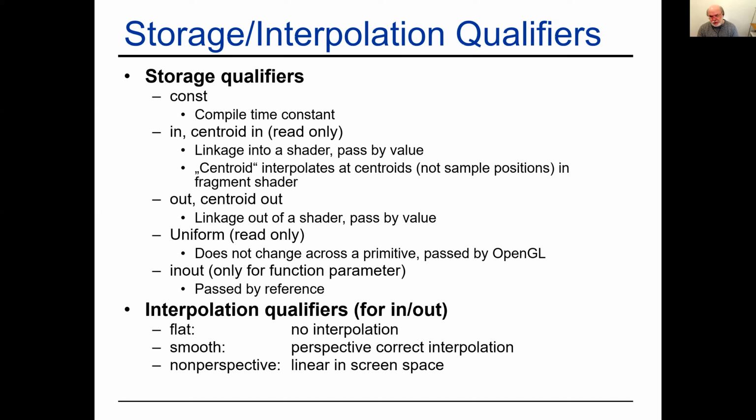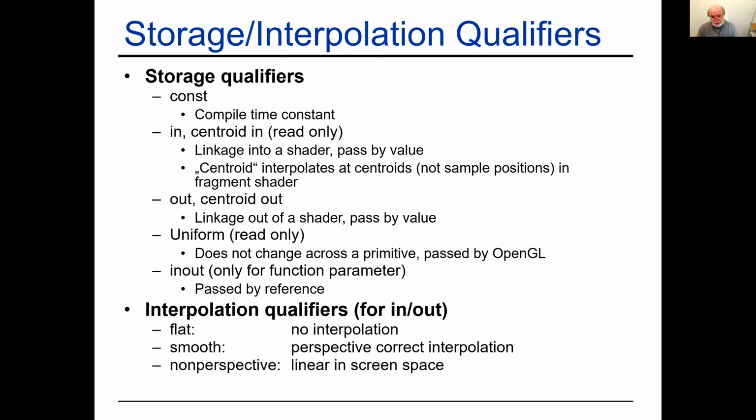For example, the input from a vertex shader to a fragment shader is marked as in for the fragment shader. There's centroid in, which means, yes, input, but please interpolate it not to the exact sample location in the rasterizer, but to the center of the pixel, which might be different. Of course, there's out. For the vertex shader, it says what data should be output, and of course, the output of the vertex shader needs to match the input of the fragment shader. There's a centroid out for the same thing.